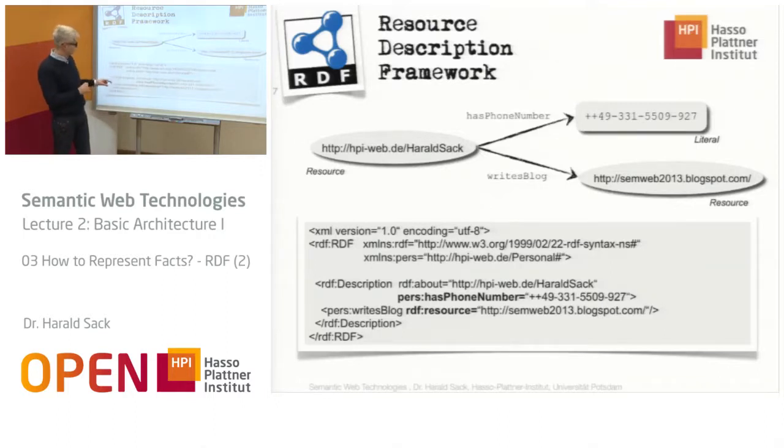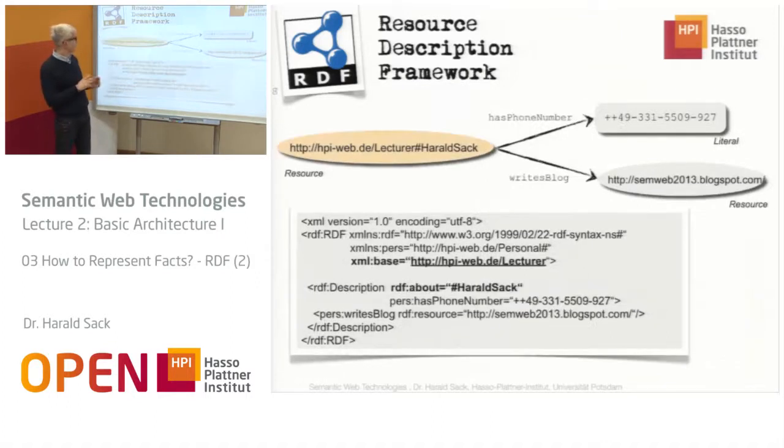And then, for example, I can switch to the second property, writes block, and here I have again defined an own markup tag with an attribute of the resource I'm talking about, rdf:resource, and here the URI of the resource. So this is simply a shortcut in writing.